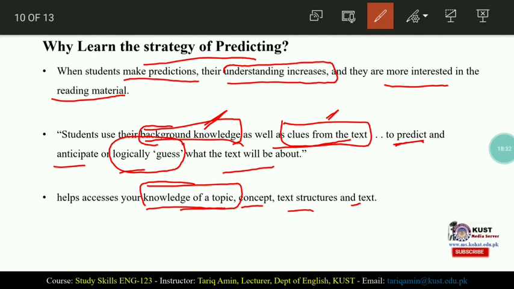We have discussed reading in previous classes, and we have taken several classes on this reading skill. So you do have some background knowledge about the topic, and predicting helps you access your knowledge of a topic and concept, and of text structures and text as well.